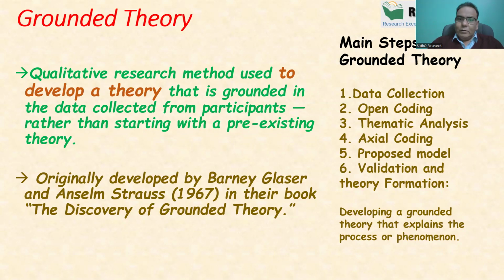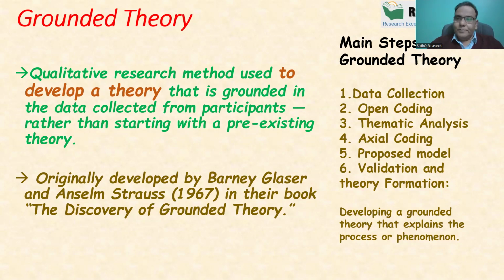So basically, all of us have some experience, and on the basis of our experience we make some judgment, right? Now the qualitative researcher takes this data of the experience of the people to convert the experience into a theory.